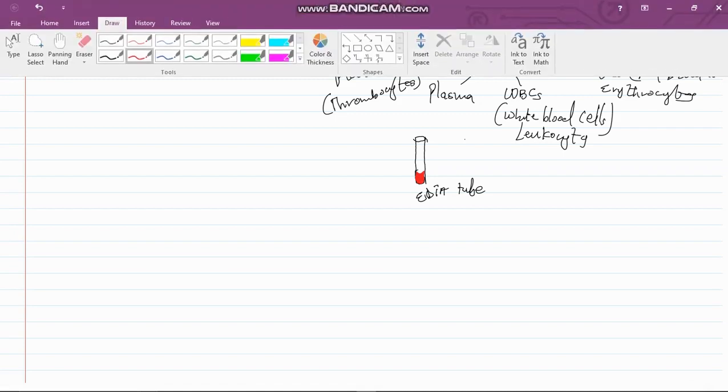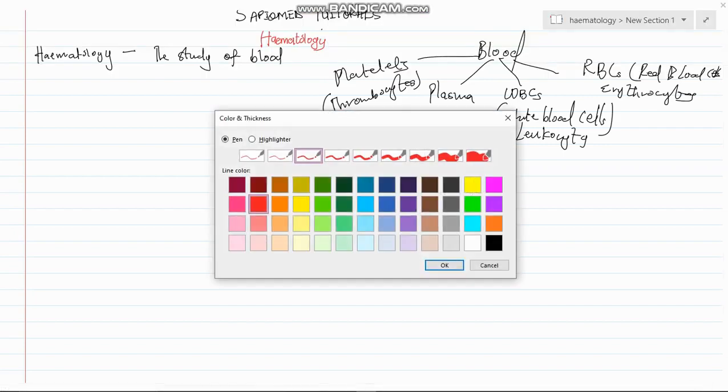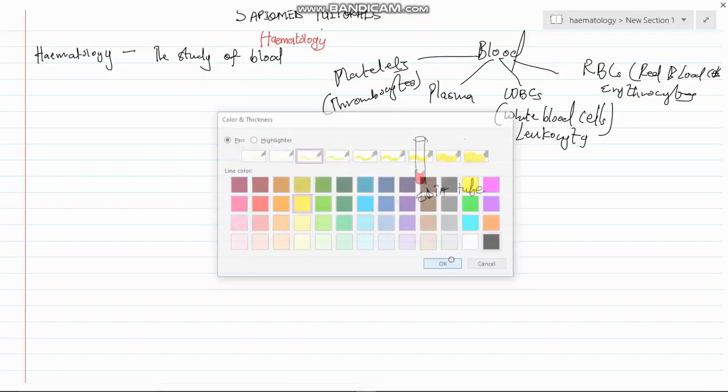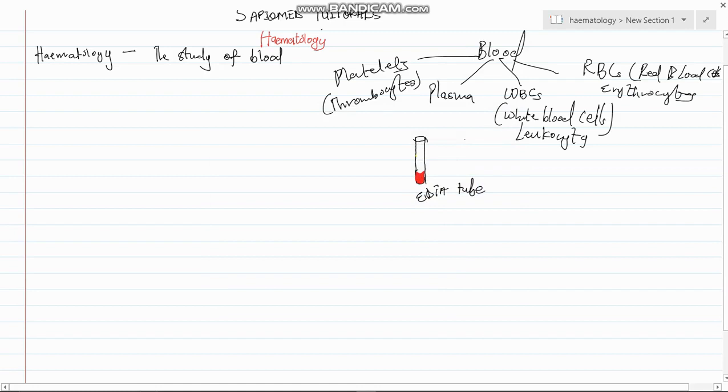Then we may also have approximately 55% of the remaining being the plasma.